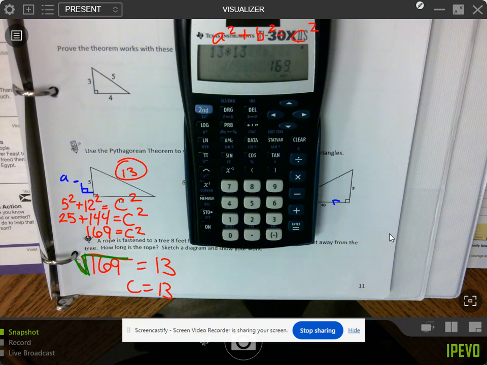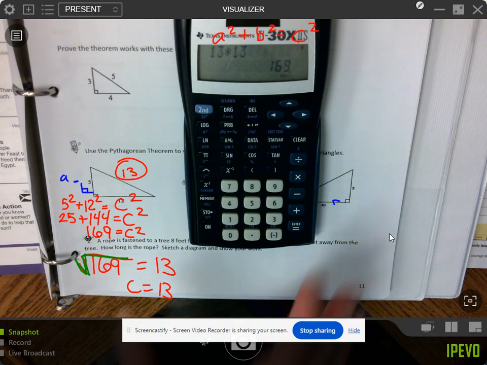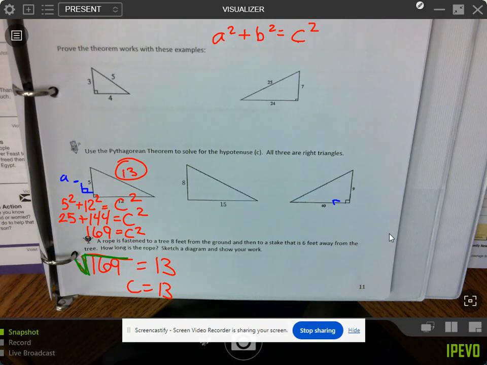Let's look at our second one. What are my two legs? What are my A and my B? Layla? Yeah, 8 and 15, because that is where the right angle is.